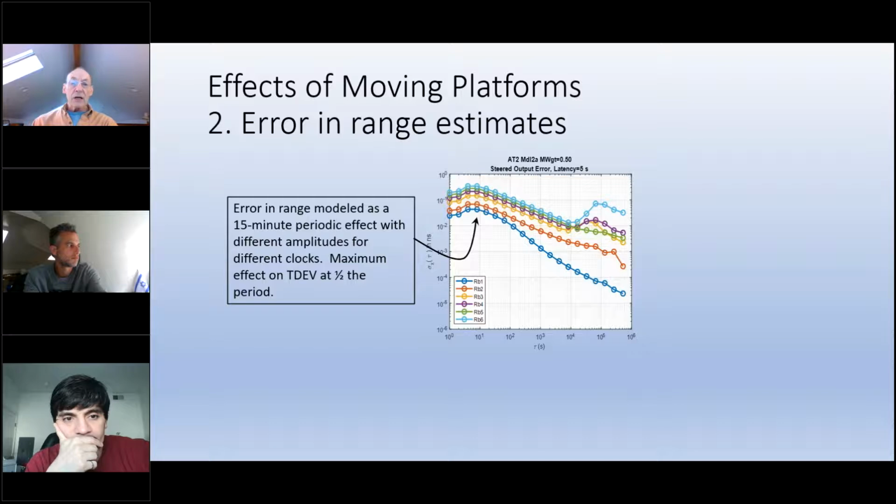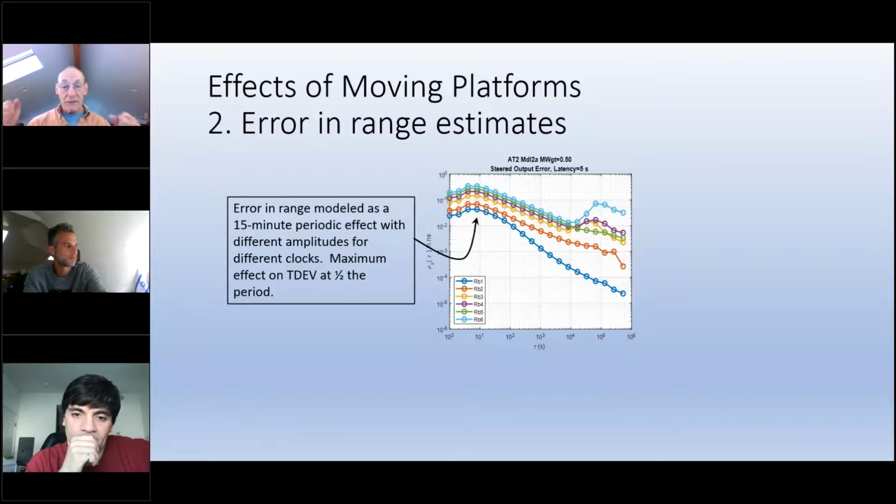Okay, so now I'm going to talk about moving platforms. If you've got platforms that are moving relative to each other and you're sending signals back and forth to do measurements against each other, there's going to be some error in the position and velocity of each of these moving platforms.